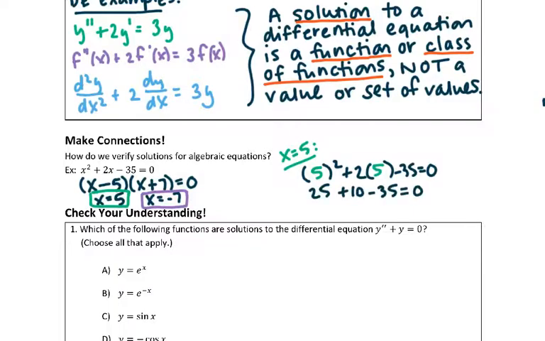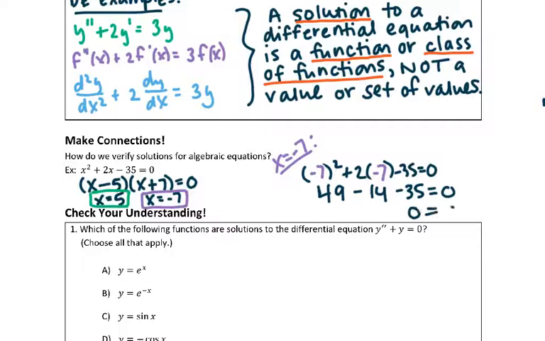And I'm verifying that that does, in fact, give me back the original solution, which was 0. We could also do the same thing with x equal negative 7. So if we plug in negative 7, the same thing hopefully will happen. And we get 49 minus 14 minus 35. Does that make a true statement? Yes, it does.